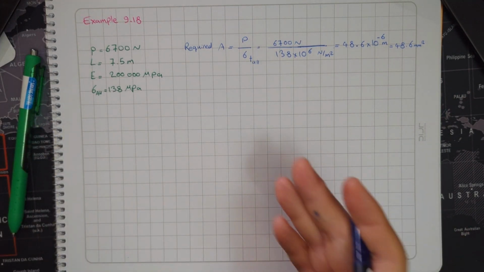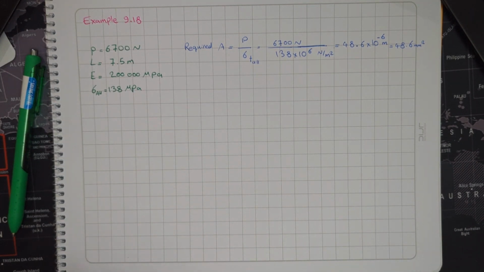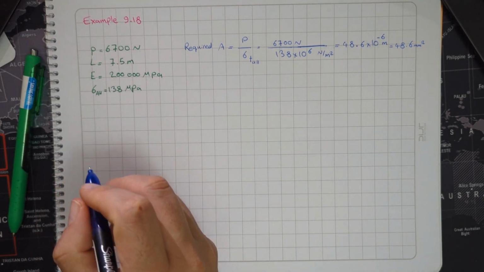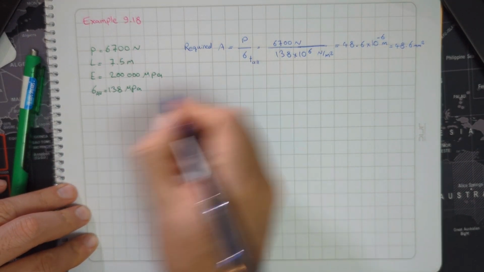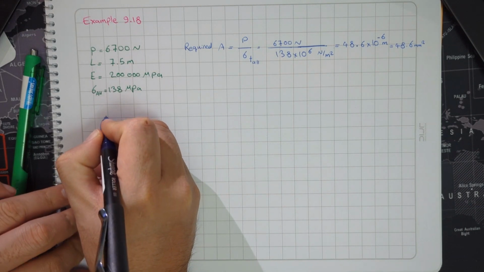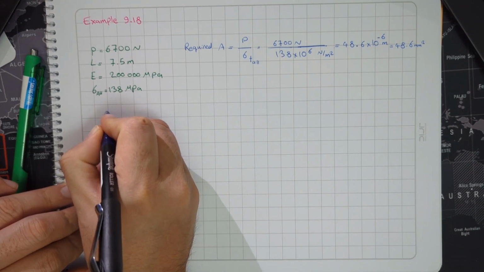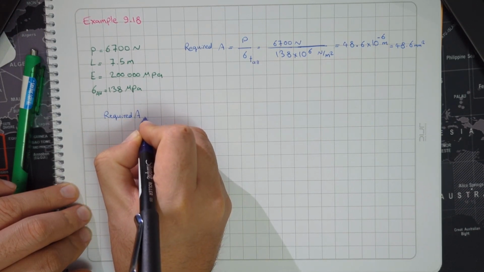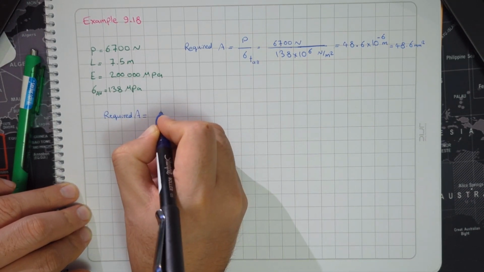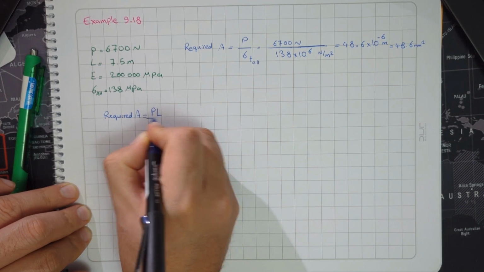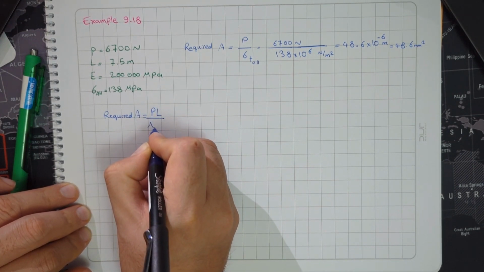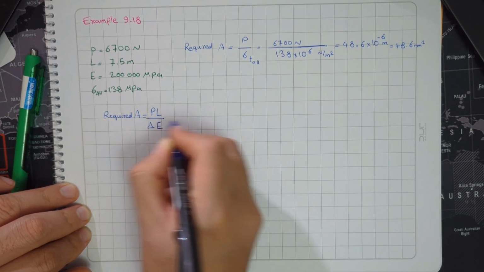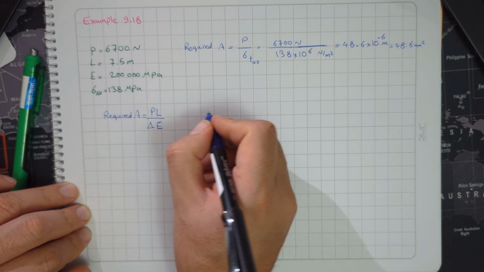All right. So the required cross-section area is calculated based on allowable total deformation, and we can use the equation that we just talked about. So we can say required A equals PL over delta E. Right?